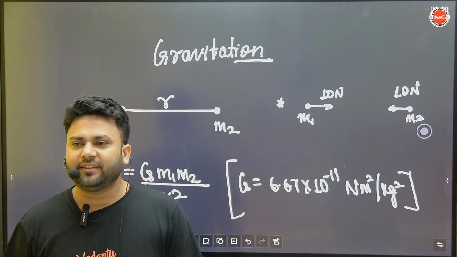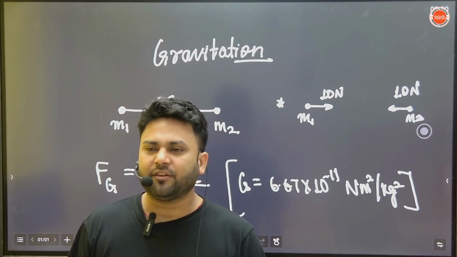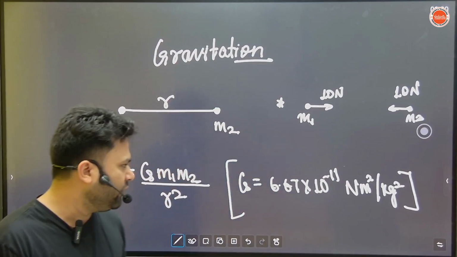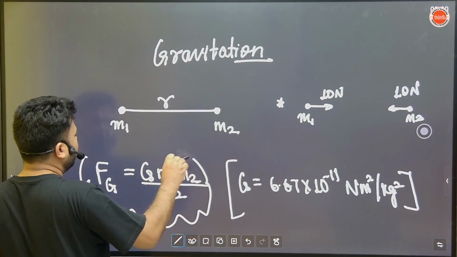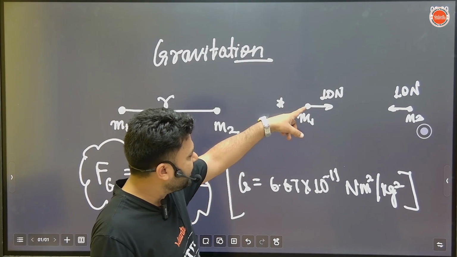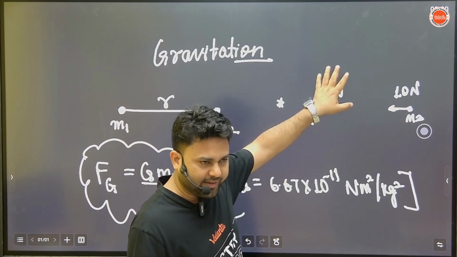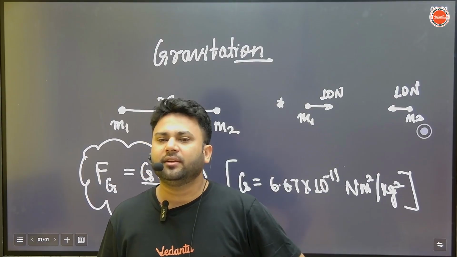Any two objects in this universe get attracted towards each other by a force called gravitational force. The formula is G m1 m2 by r square. Now suppose m1 is attracted towards m2 by 10 Newton, so m2 will also be attracted towards m1 by 10 Newton.